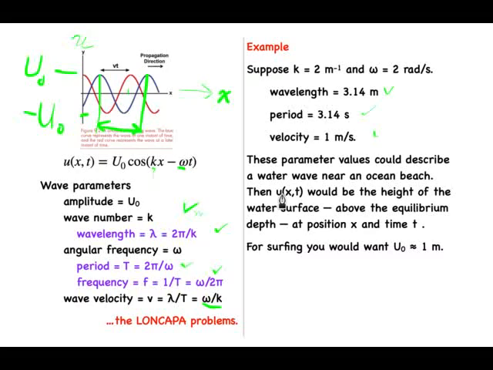Let's say at this beach the water is normally 2 meters deep. Now I have waves on the surface of that 2 meter equilibrium position, with some amplitude of oscillation between U0 and minus U0.